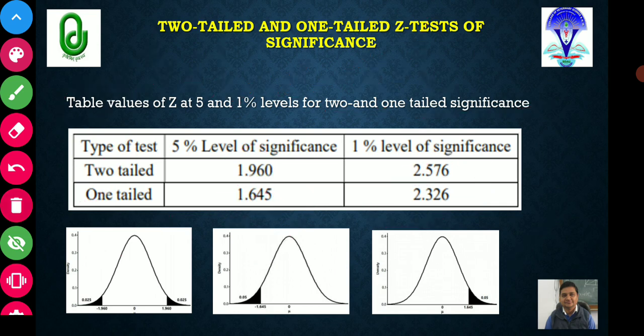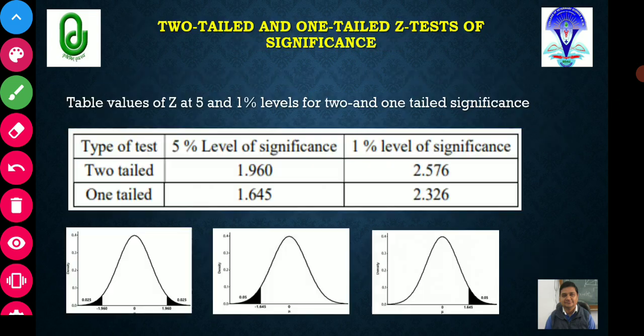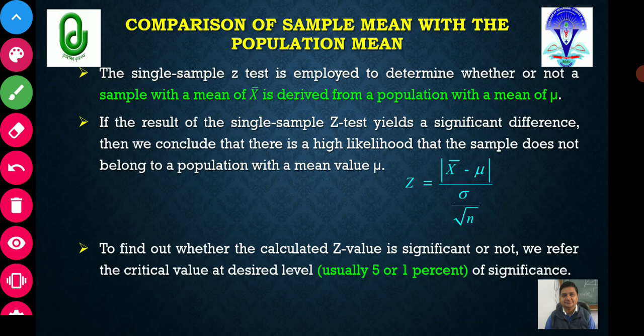Now we will see comparison of sample mean with the population mean. What is the test statistic? What is the proper test, or what formula do you have to use while testing the hypothesis? When you are sure, you have to apply Z test. In that case, a single sample Z test is employed to determine whether or not a sample with mean X bar is derived from a population with mean mu.